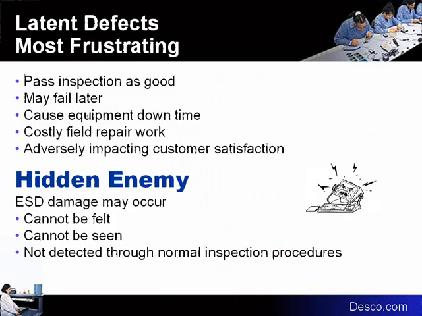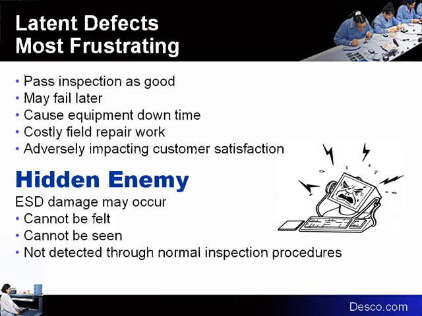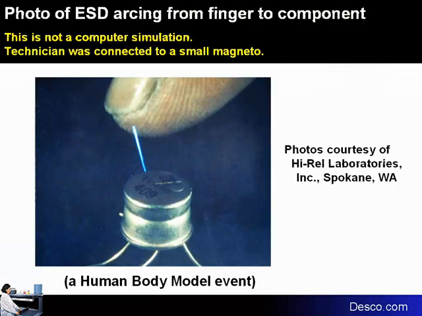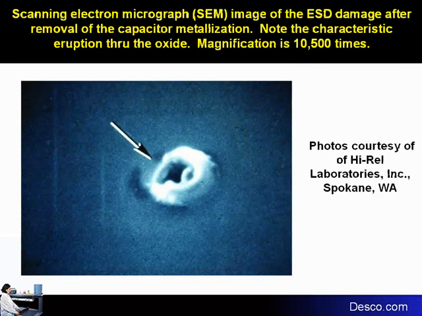Many people consider latent defects similar to germs as a hidden enemy. These are things that cannot be felt, cannot be seen, and cannot be detected through normal inspection. These are a couple of examples under super high magnification where you can see an actual ESD event. This is not staged.